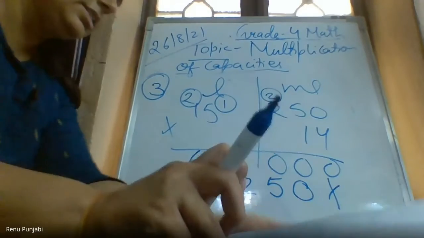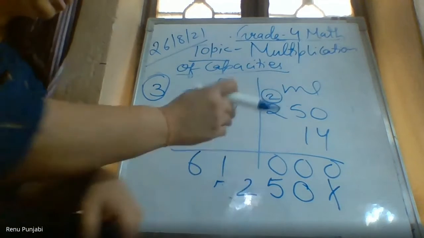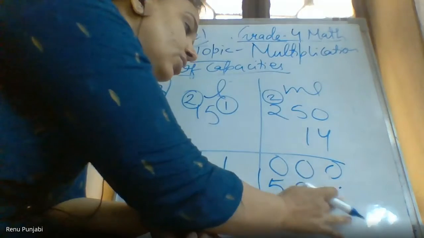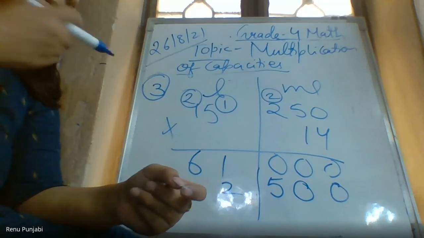Yes. Just a minute. Hello, ma'am. Why is there no 0 at the back of 50? You have to cross it. You can put a 0 also. Both the ways are correct.